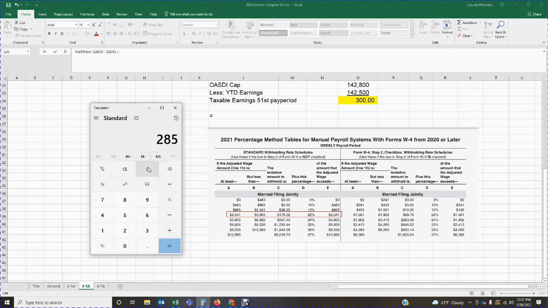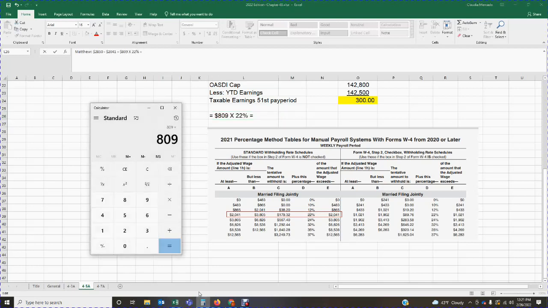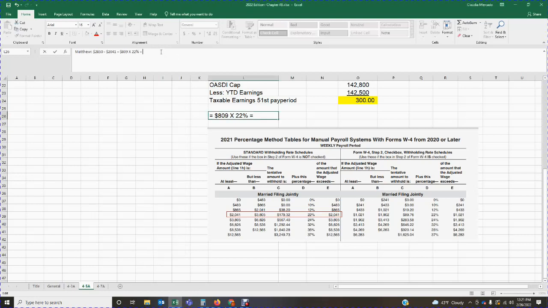So it's $28.50 minus the $20.41. That gives me $809. That is the amount that is taxable. Then I'm going to multiply by my tax rate, which is 22%. That gives me $177.98.